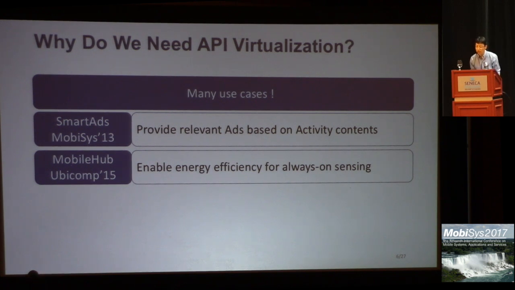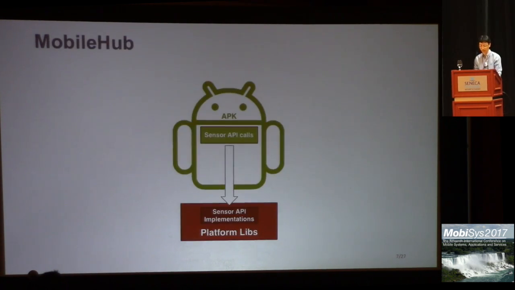The next example is MobileHub, Ubicomp 2015. It enables energy efficient sensing for mobile apps. Let me tell you how it works. Here is an app that makes sensor API calls. When it does, it will invoke the sensor API implementation in the platform.